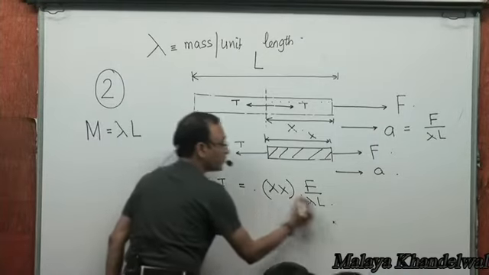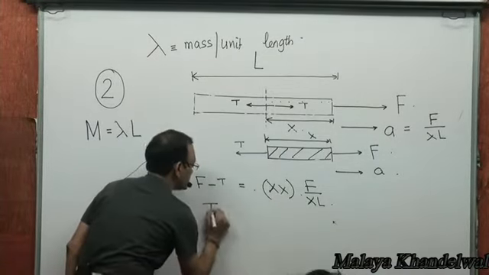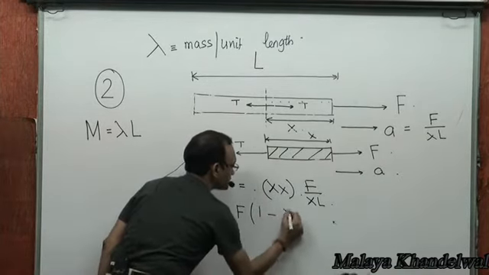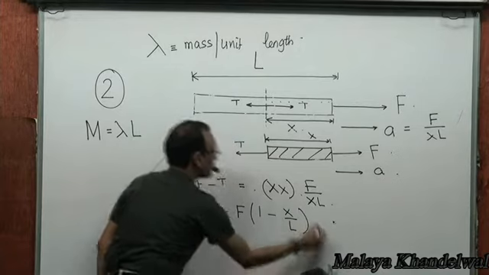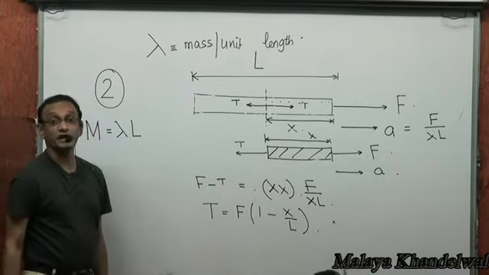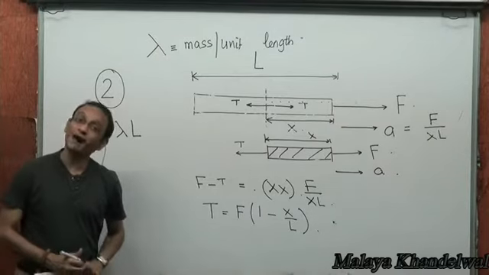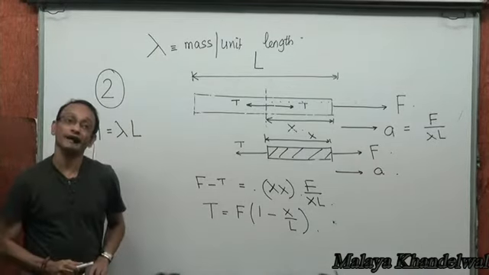Lambda will get cancelled. Very clearly, T then turns out to be F into 1 minus x by L. Very clearly, tension is a function of x here. If the rope has mass, the tension will be a function of x.